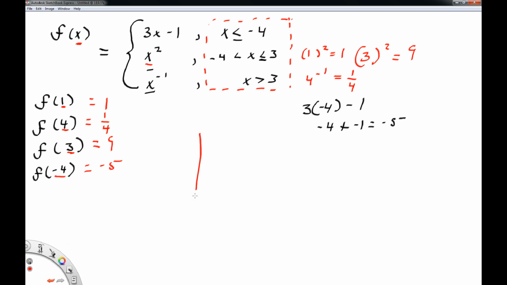Now if you were to plot this, the reason why they can't be the same, let's see. So when x equals 0, y equals -1.